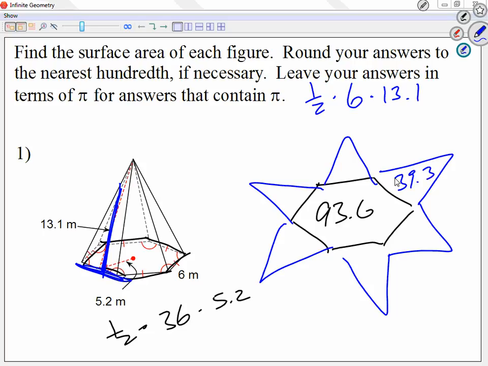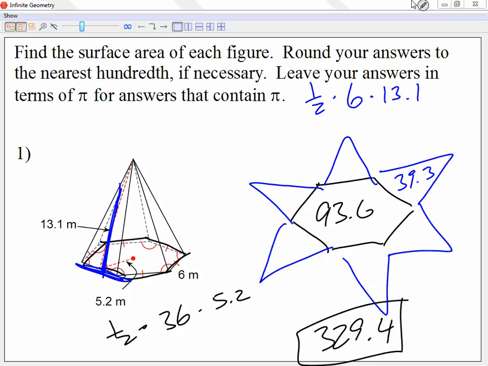I'm only going to draw it once, but you get 39.3 for each. At the end, just add everything, and you should get 329.4. Any questions on that? Remember, for pyramids, we have a base and a triangle for each side. That's why I drew the base and a triangle on each side.